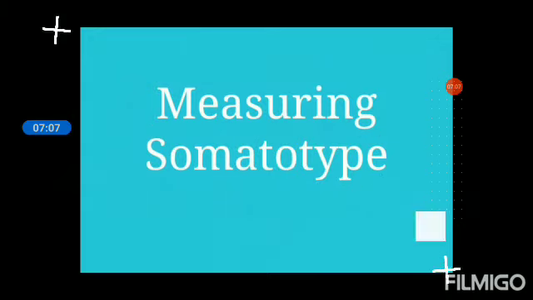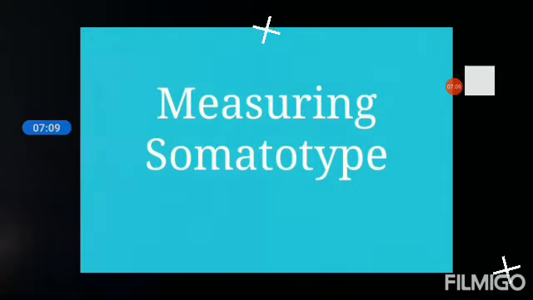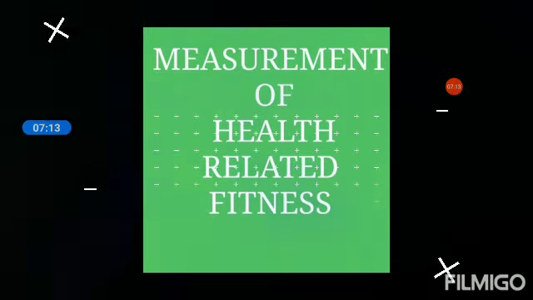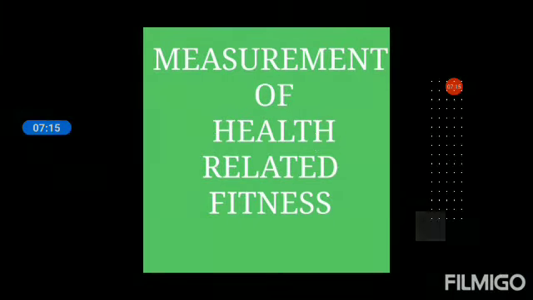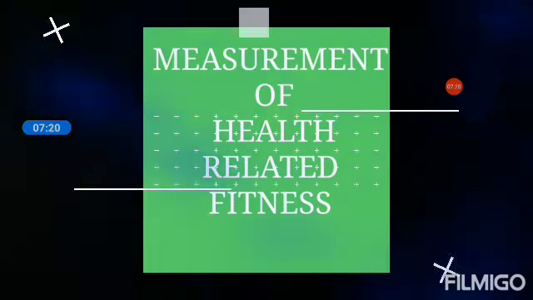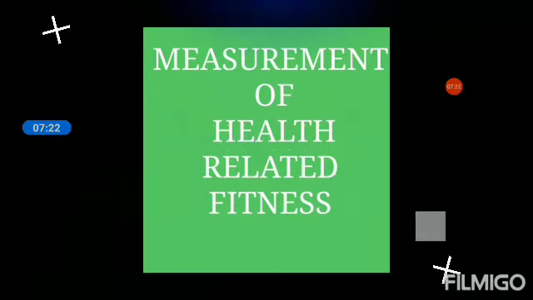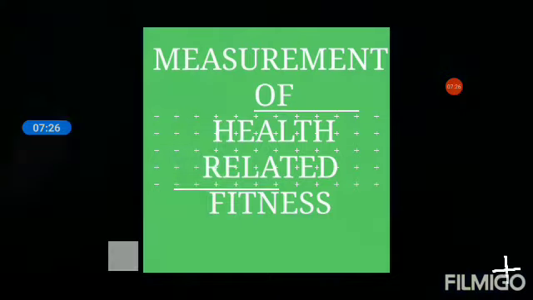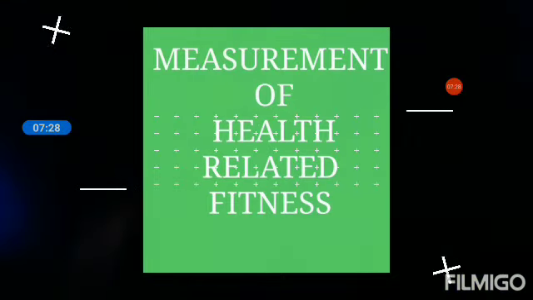Next, the last topic in this chapter is measurement of health related fitness. Health related fitness is related to the development and maintenance of fitness components that can increase the level of health through prevention and remedies of various diseases.